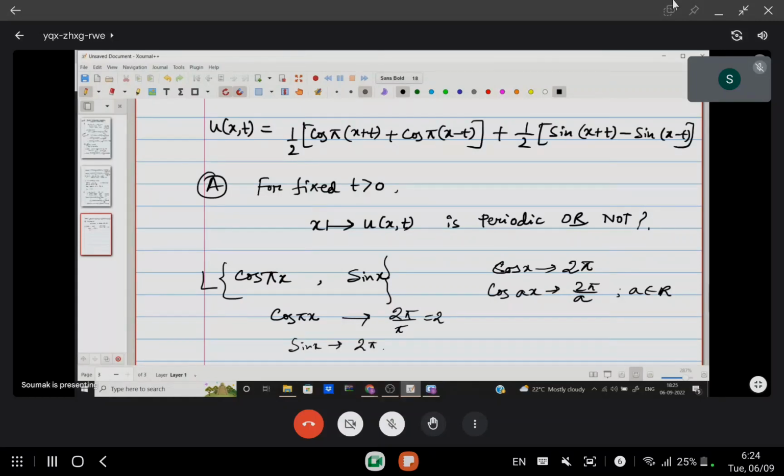So here is u(x,t) periodic or not? Can you tell? cos pi x has period 2 and sin x has period 2 pi. So what do you think?